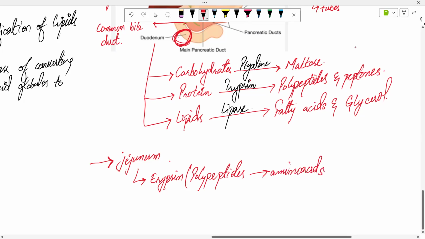And the maltase will convert the maltose to glucose. Maltose to glucose.